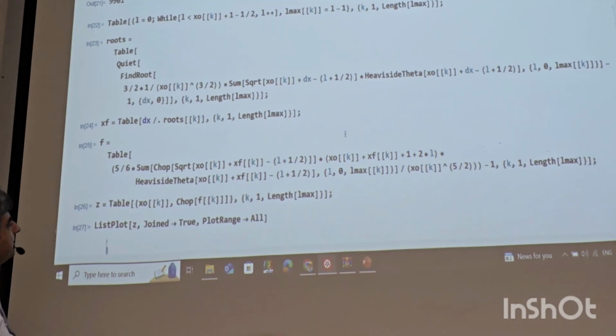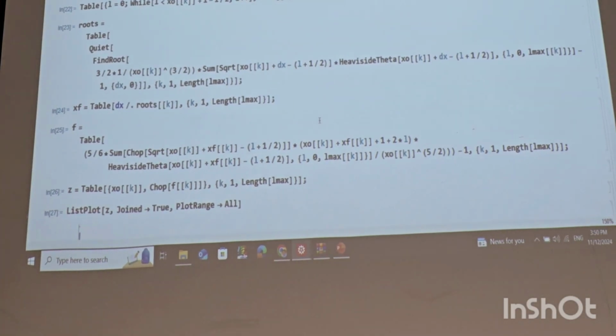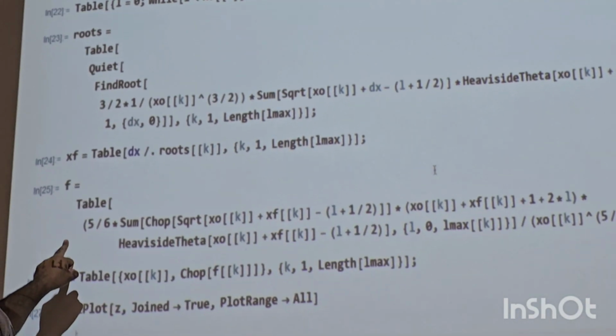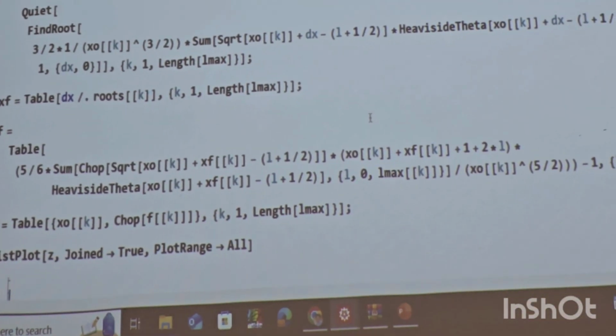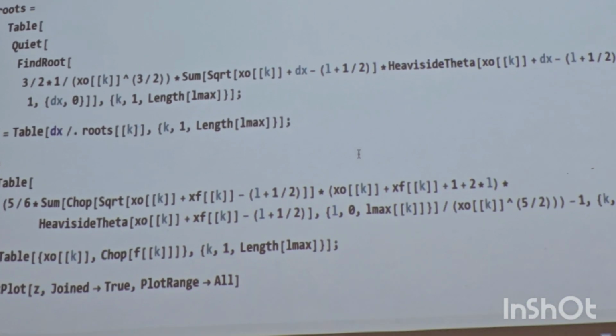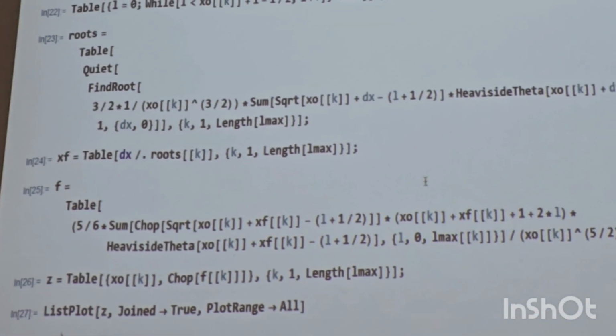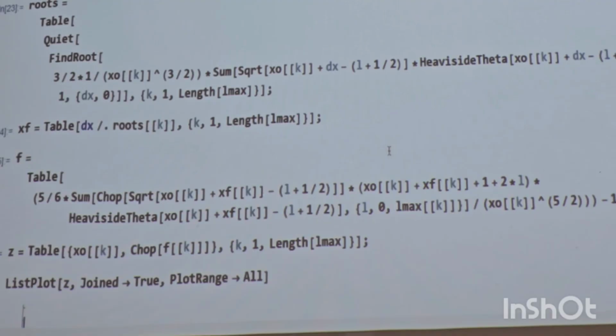Then I create this ratio f. Okay, so this is my f.